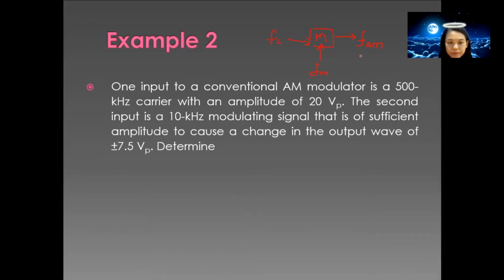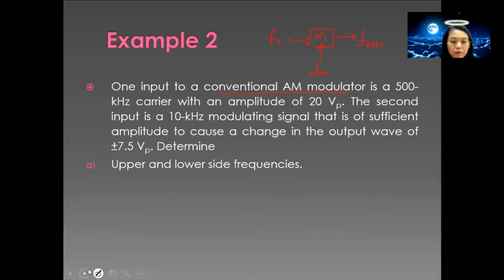So question A, determine the upper and the lower sideband frequency. From here, we know that our output will be double sideband because it's a conventional AM modulator. So our output is a double sideband full carrier. So we will have the modulating signals and our carrier, and this signal may be generated.